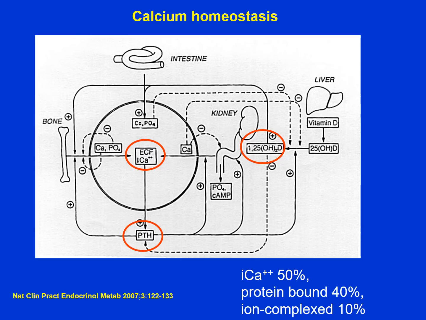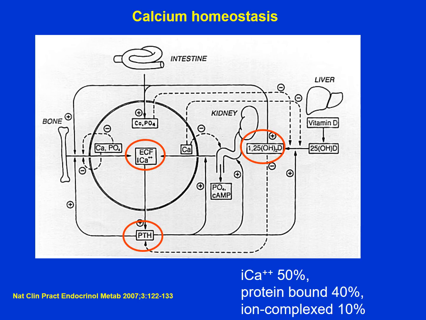It is important to emphasize that extracellular fluid calcium levels are very tightly controlled in physiology, so that the amplitude of levels is very tightly regulated, suggesting that it's an important physiologic phenomenon.